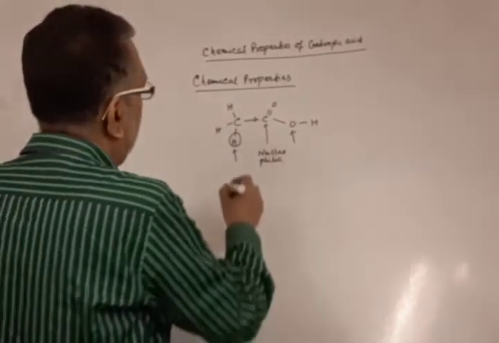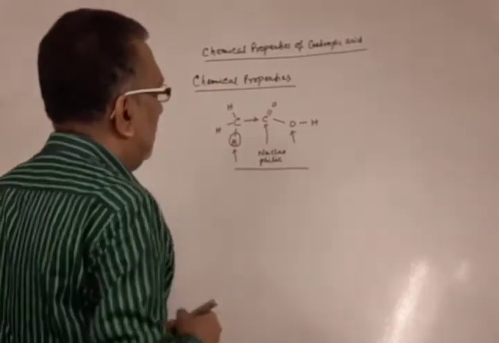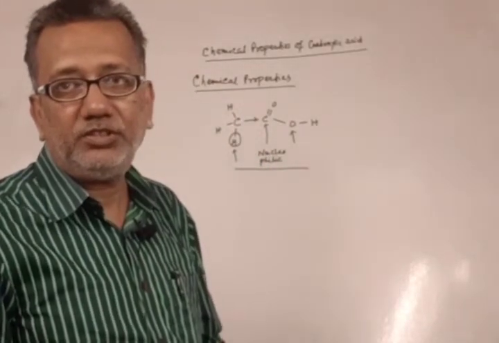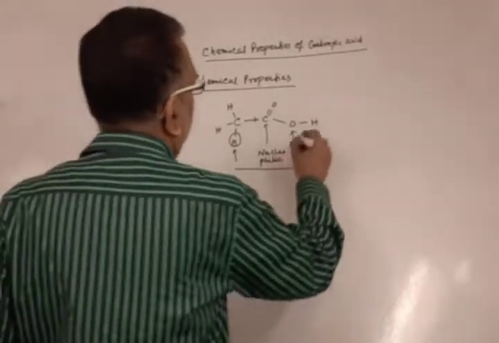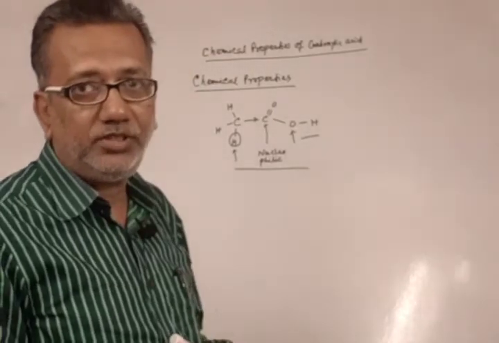So these 3 attacking sites are observed in the chemical properties of carboxylic acid. But the major property is the acidity, this dissociation of hydrogen.